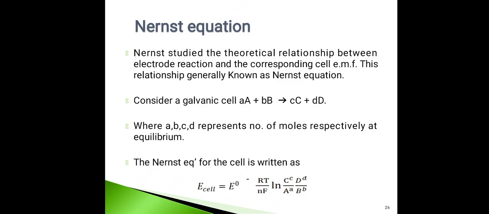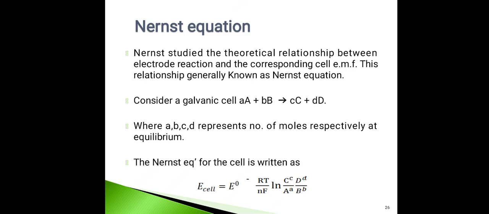Now the Nernst equation for this reaction is written as E cell equals E naught cell minus RT by nF ln [C]^c [D]^d divided by [A]^a [B]^b.